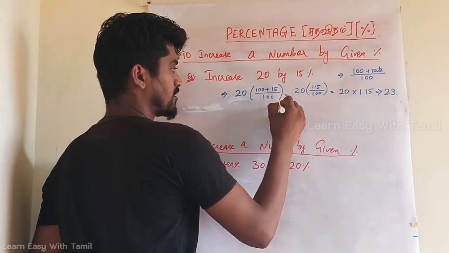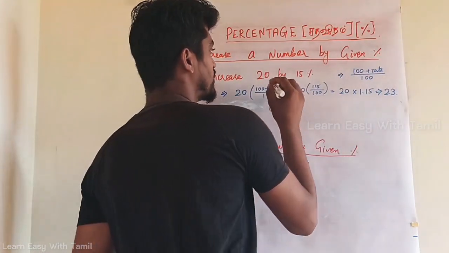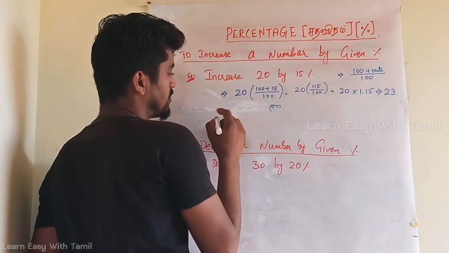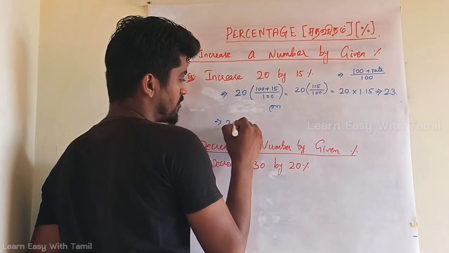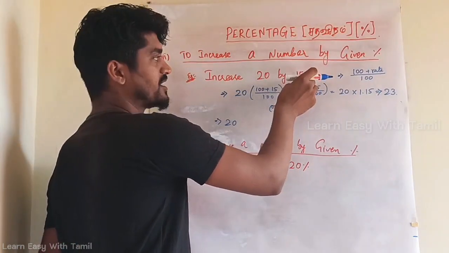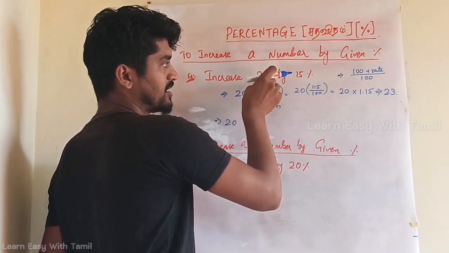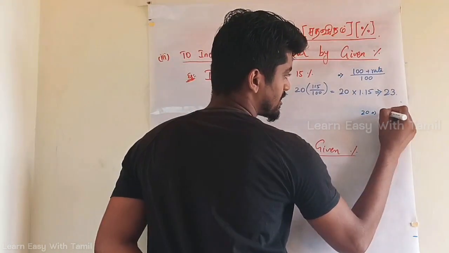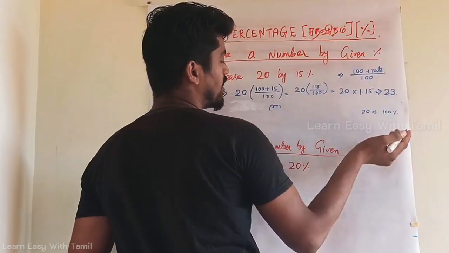Otherwise, we have to find another method. Here the given number is 20. They are saying to increase 15% extra from the 20. So we have to consider 20 as 100%.